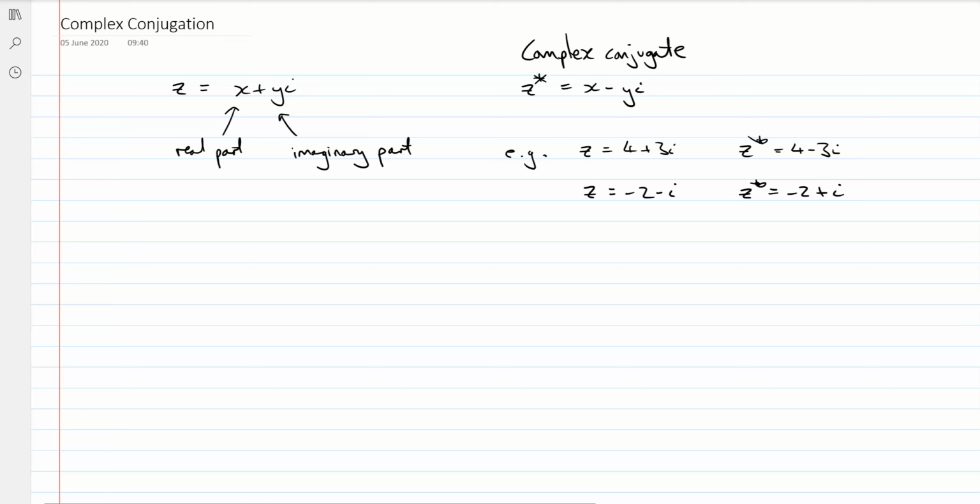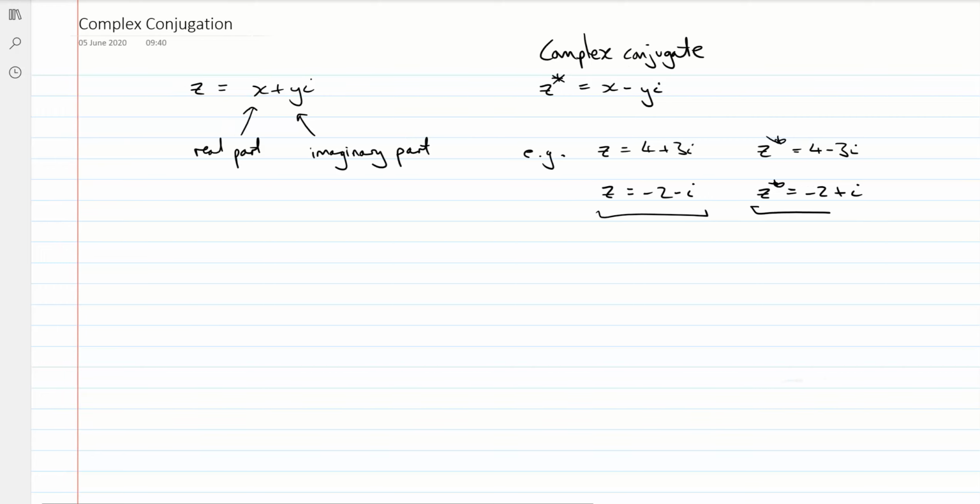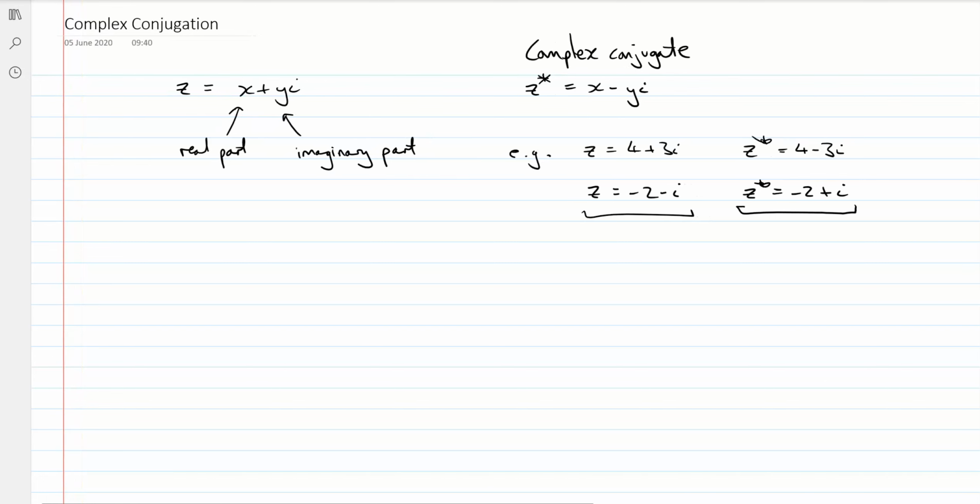And I mentioned in an earlier video about maybe spotting a pattern. What you'll spot is that when we're looking at roots of complex equations, the roots, if they're not real, occur in complex conjugate pairs. So one root is this, the other root is this, if we have real coefficients of the quadratic.